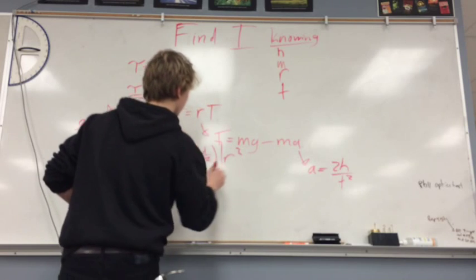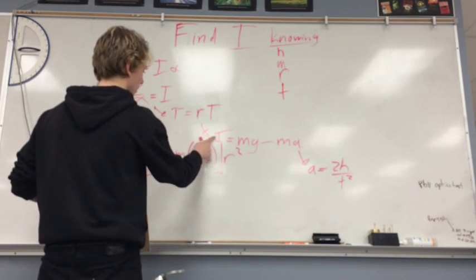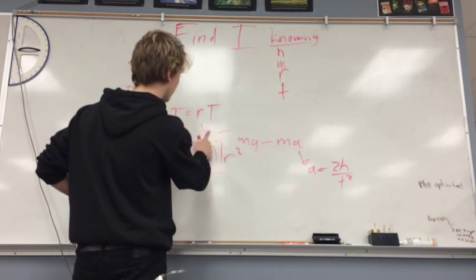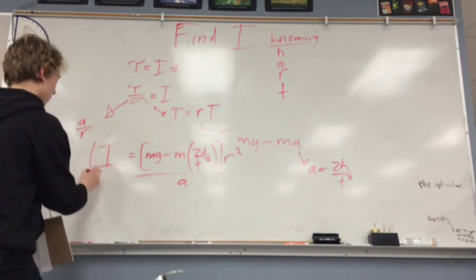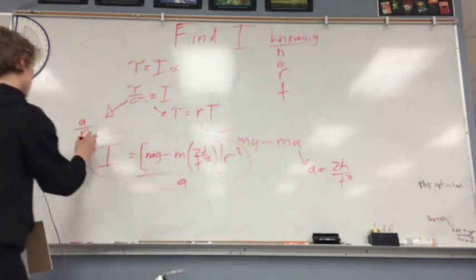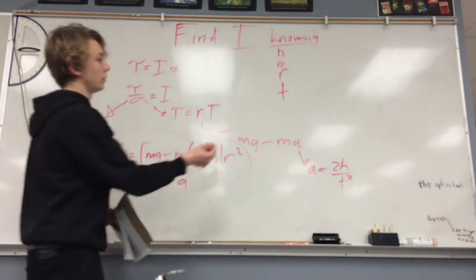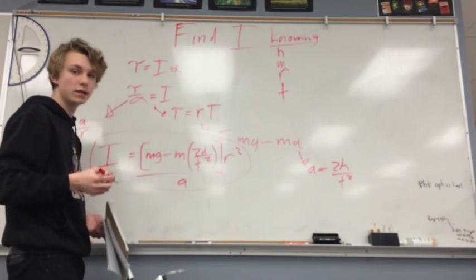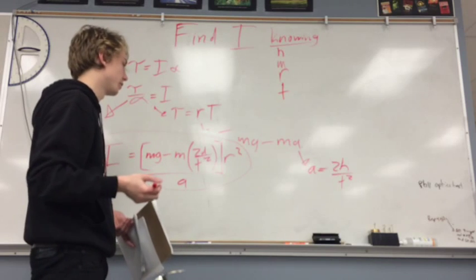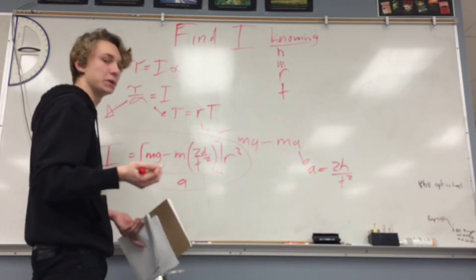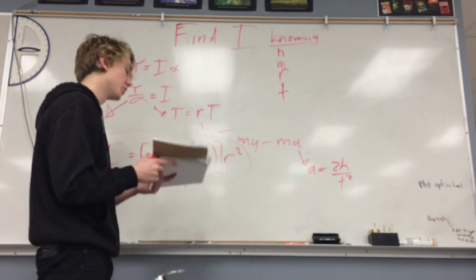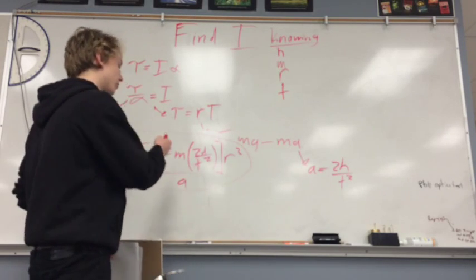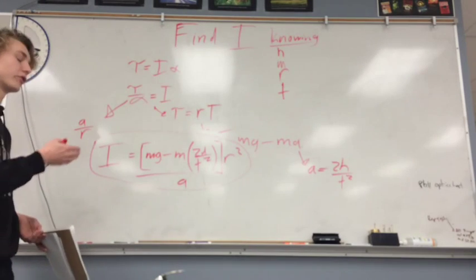We'll make this r squared here. So this is your equation for what I equals in terms of the variables we know. Now you can calculate I values theoretically, and there obviously is going to be errors, but if you were to assume that every measurement you made was completely accurate, disregarding friction and a number of factors, this is theoretically what your I would equal.